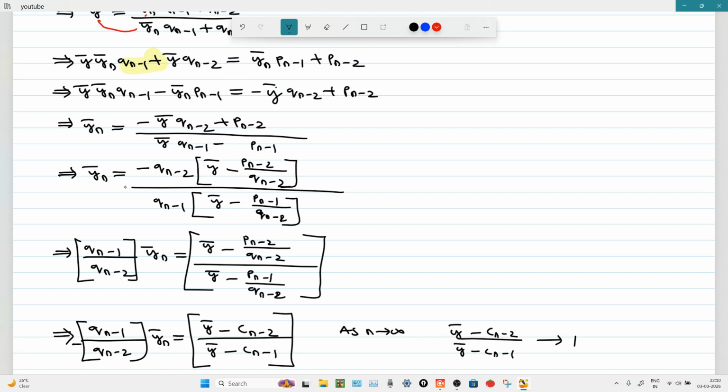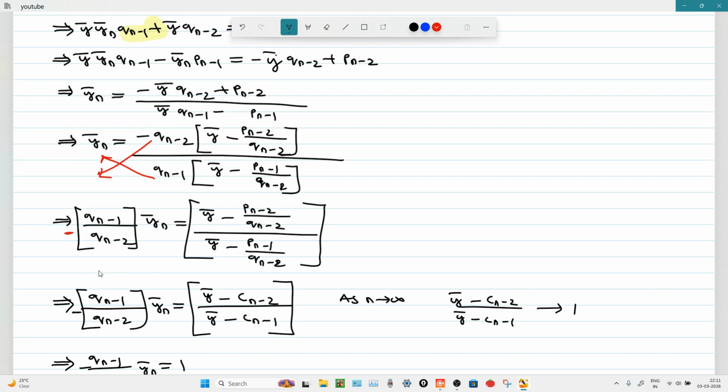Then take this term from this side and this term from that side, and we put this negative here.